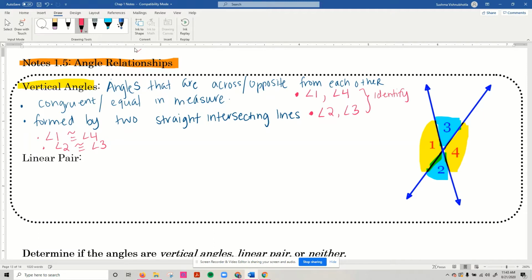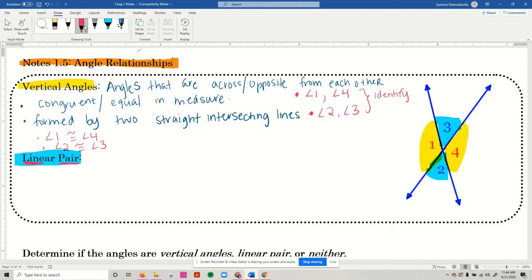Okay? Now, when two straight lines cross, you also form angles that are linear pairs. So if you look at the word linear, you should think of the word line, and pairs come in twos. So we know we're talking about angles on a straight line, two angles on a straight line.